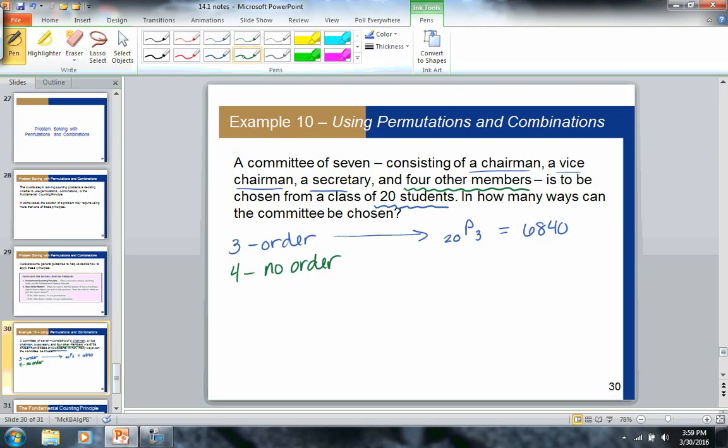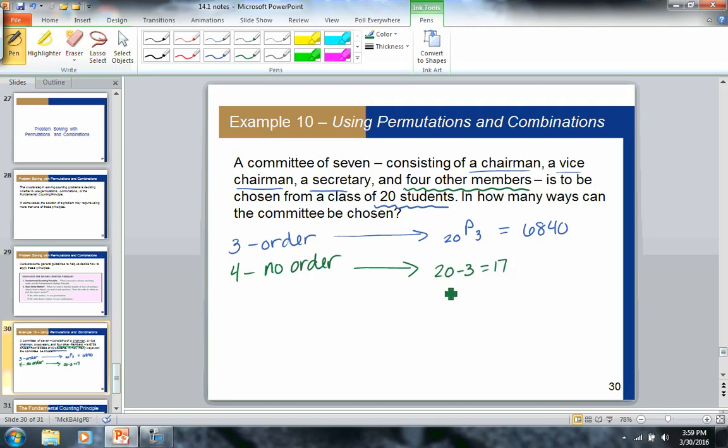And then the ones where order doesn't matter, that's going to be a combination. And again, we have to think that those three members for the chairman, the vice chairman, and the secretary are going to be chosen first. So after those three people are selected, we really only have 17 people left to choose from.